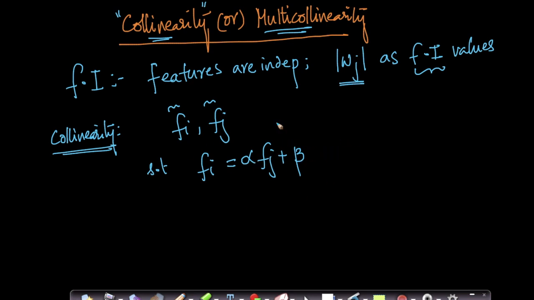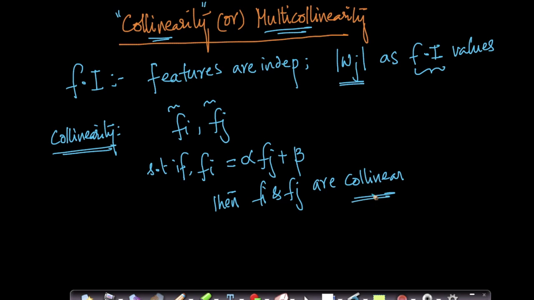If you have two features like this, then we say that features fi and fj are collinear. This is the definition of collinearity. Basically, if you have two features that can be represented in a linear fashion, you're representing one feature in terms of the other by just using two constants, alpha and beta.